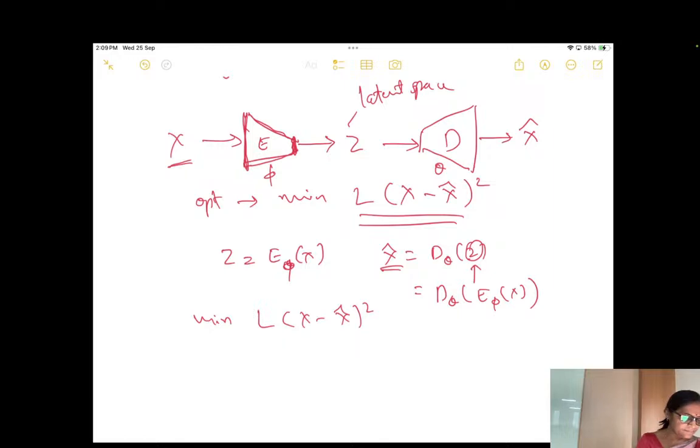Parameters are phi and theta. You minimize the difference between X and X cap over the parameters phi and theta.